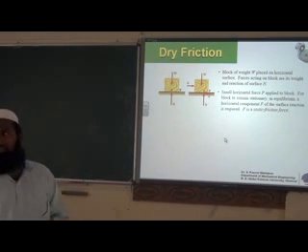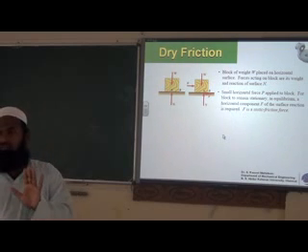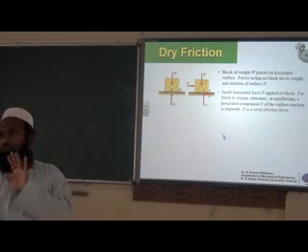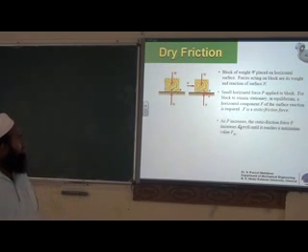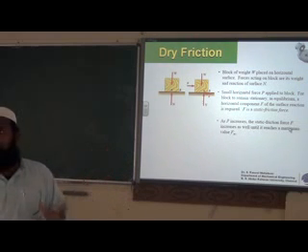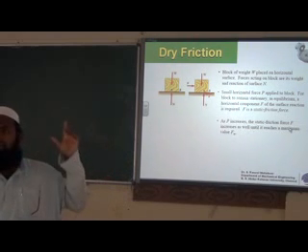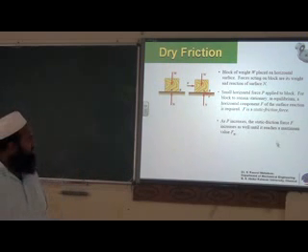If you further increase the horizontal force, the friction also increases up to some limit. So these two are proportional. As P increases, the frictional force F also increases until it reaches a maximum value Fm. So the proportionality between the applied force and the friction force is there.